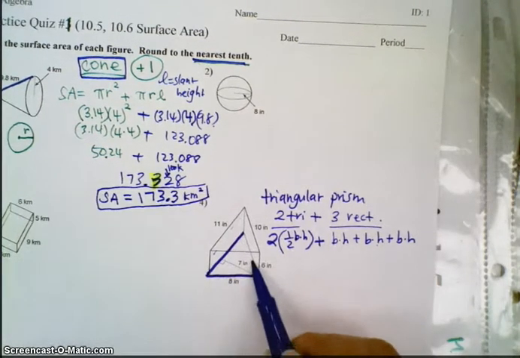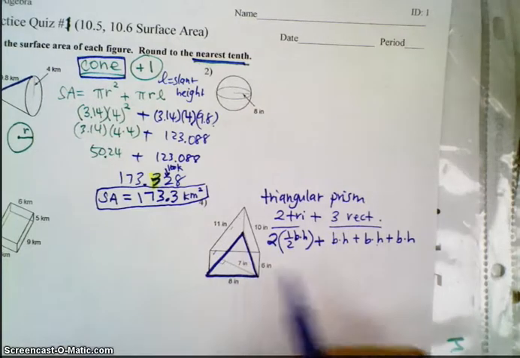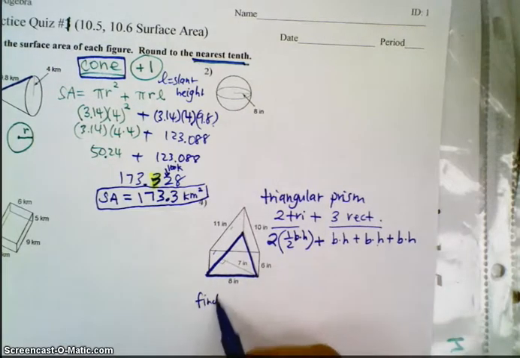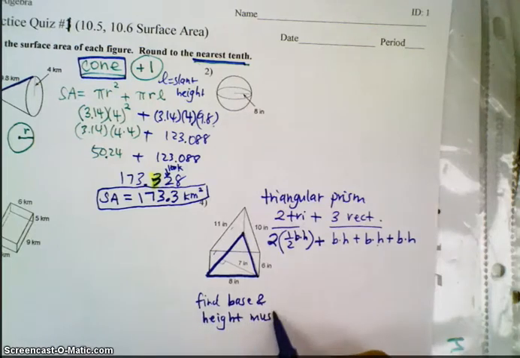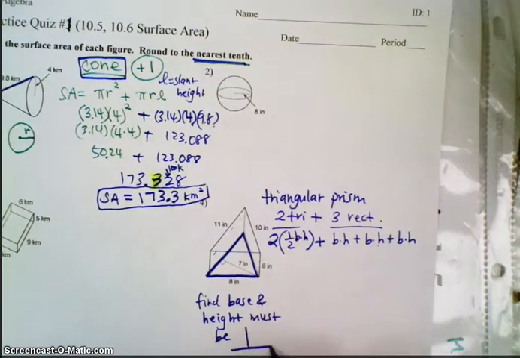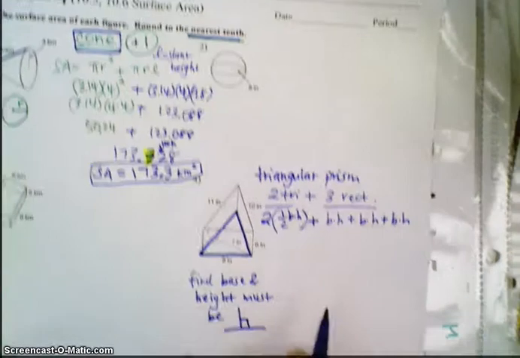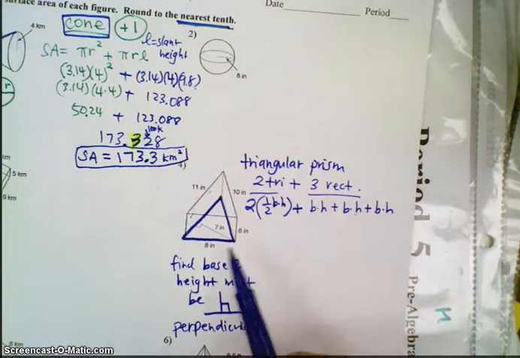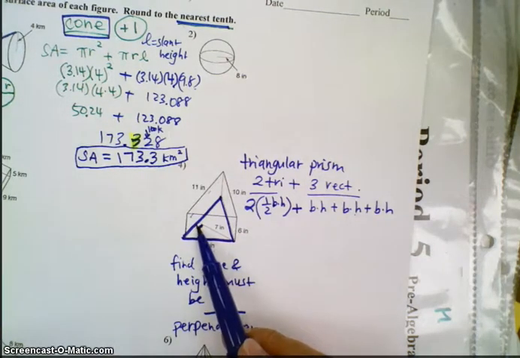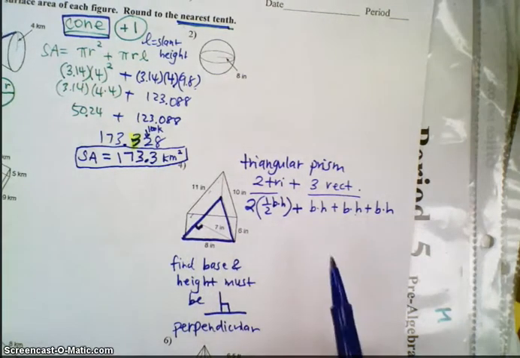Now it's important that when I look at a triangle that I find the base and height, and our bases and heights must be perpendicular, meaning that when they cross, they will form a 90-degree angle. So there is that little 90-degree angle indicating where my base and height are going to be.